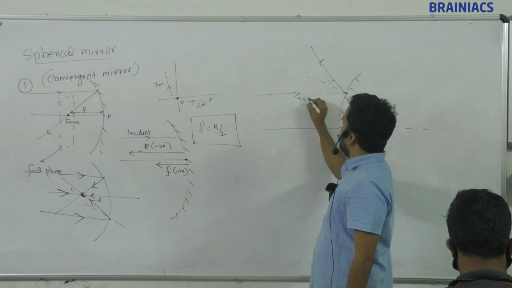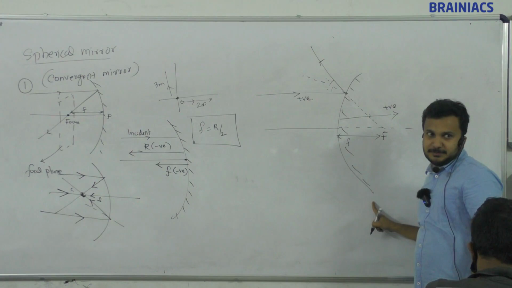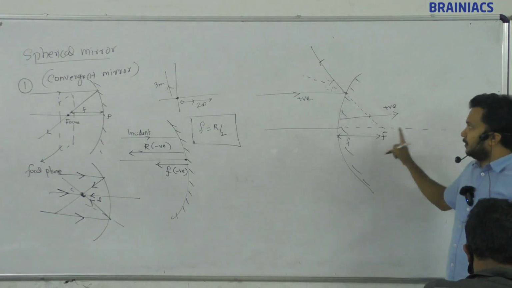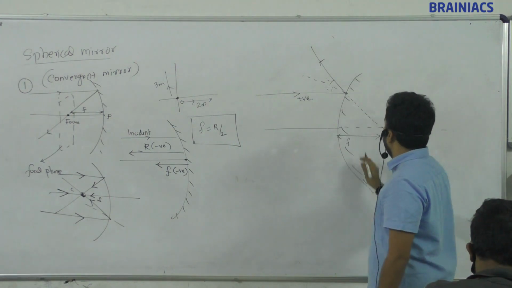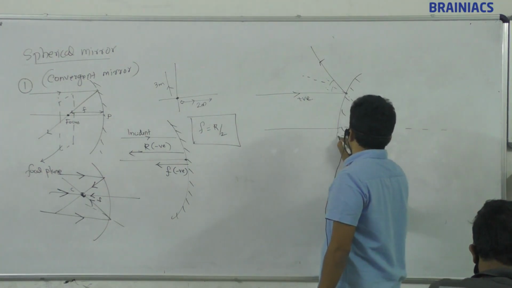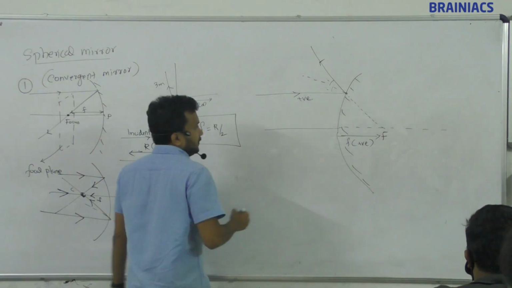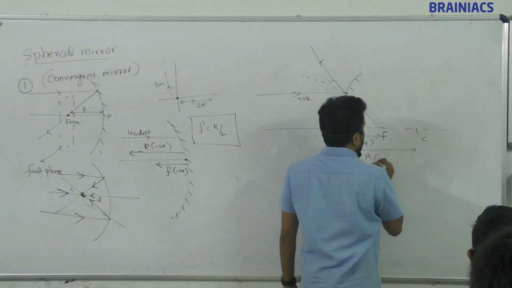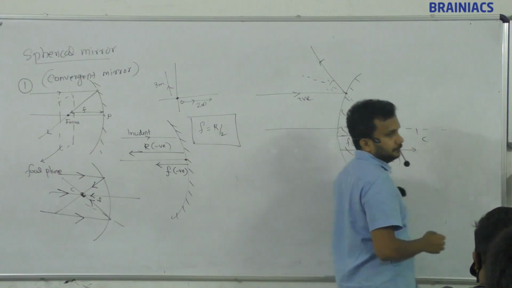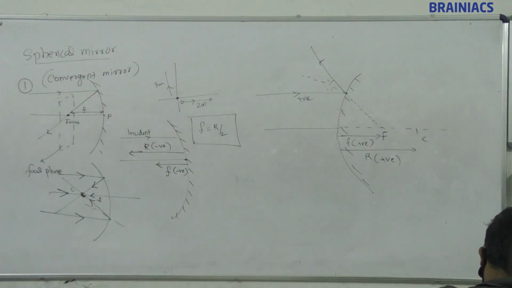Incident ray direction is positive. So focus is positive in which mirror? Convex mirror. Okay, so draw this line also. F is positive, center of curvature C, R positive, like that. So the first point: a convex mirror is called a divergent mirror.